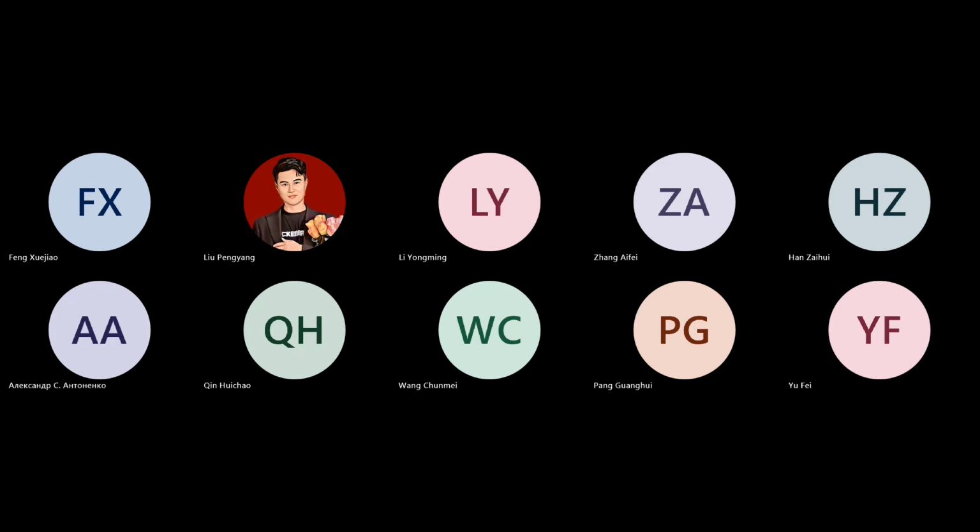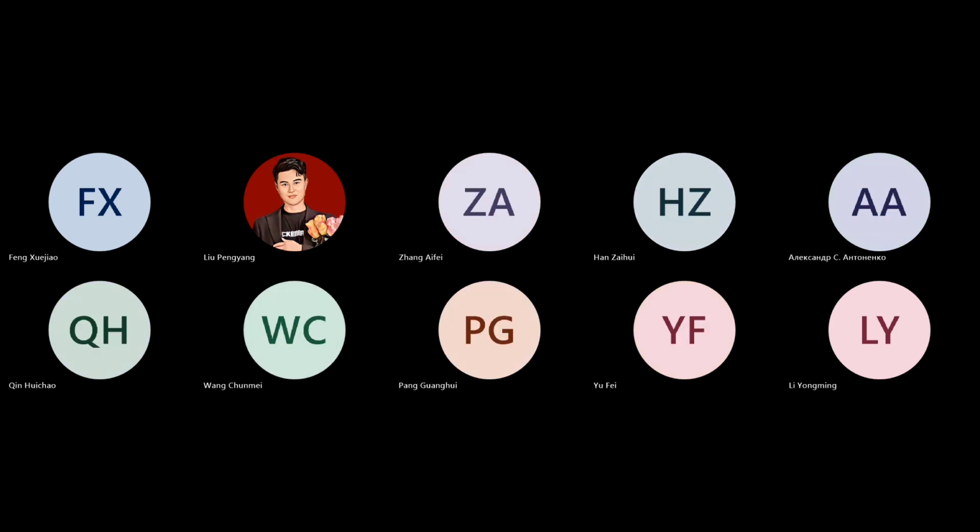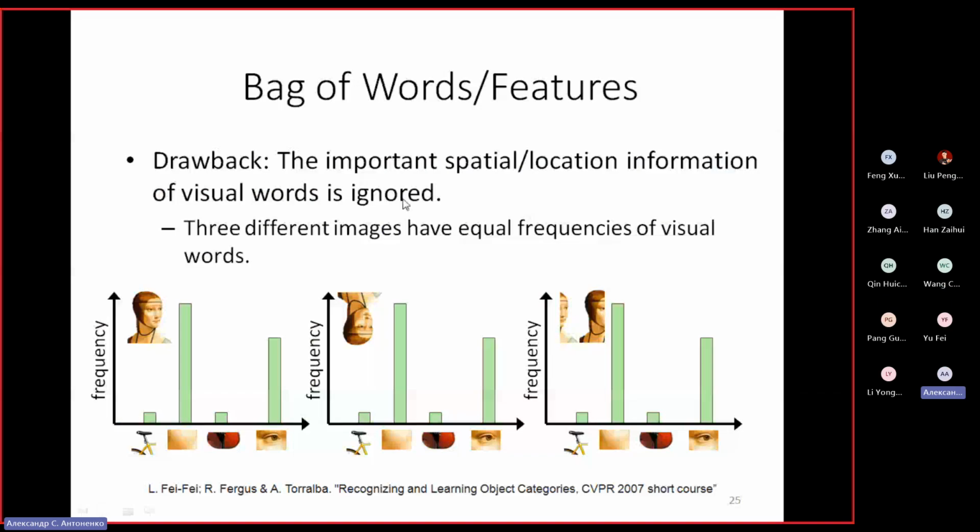What is the drawback? It can be considered a drawback or not. For example, important spatial location information is ignored. So these 3 pictures are totally equivalent. Maybe this picture and this picture upside down are equivalent. Maybe that's good because really it's the same picture, but this picture will be considered equivalent too.